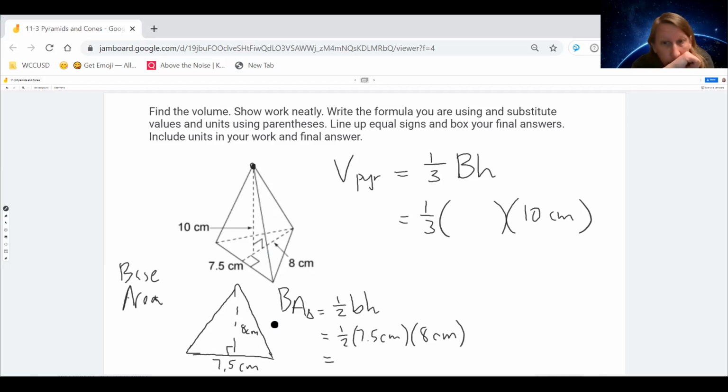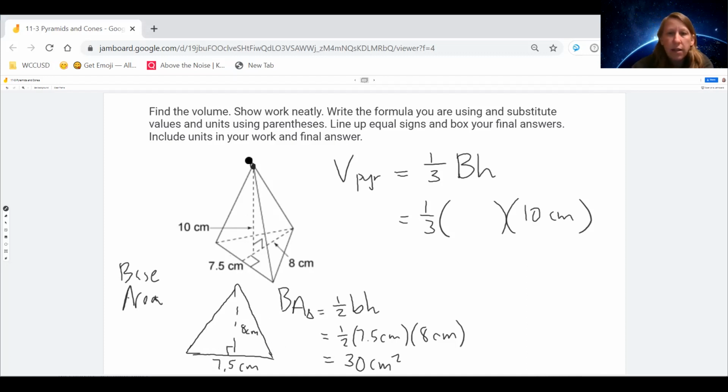Half of that. So that's going to be, I'm going to do half of 8, which is 4. And then on my calculator, I'm going to do 4 times 7.5, which is 30. 30 centimeters squared.